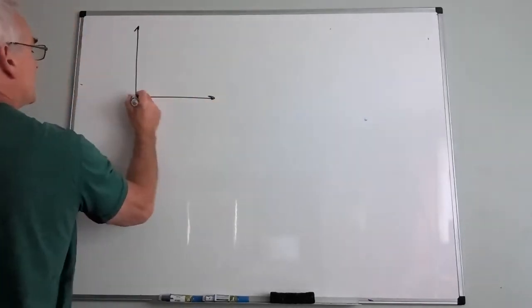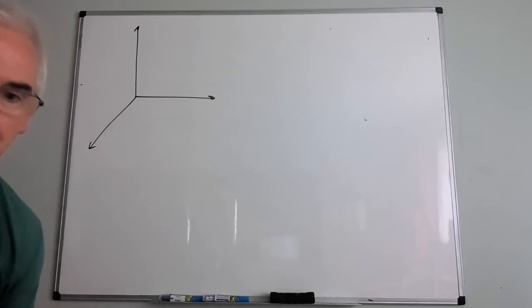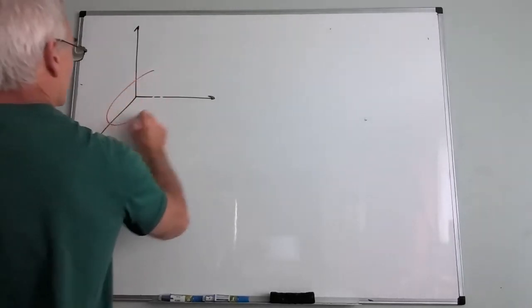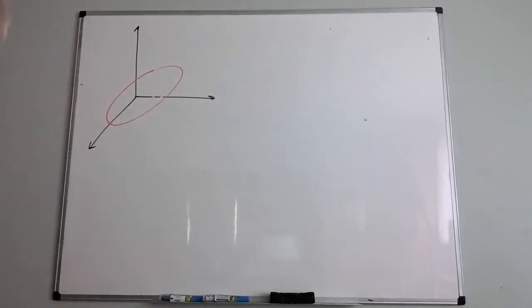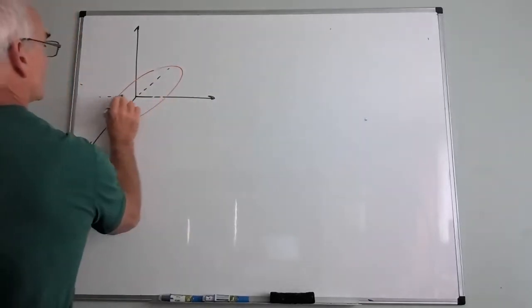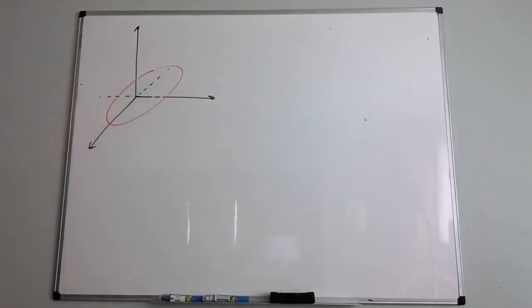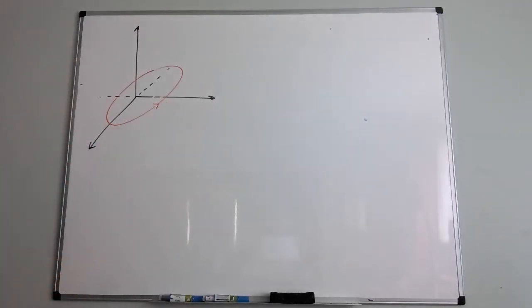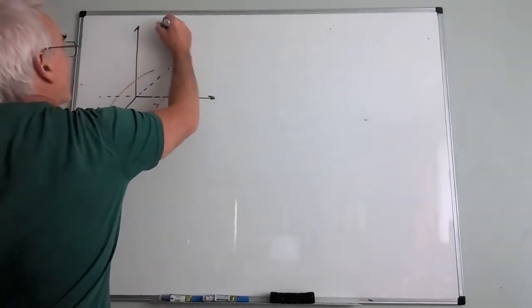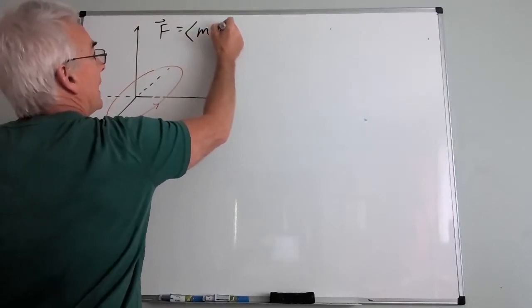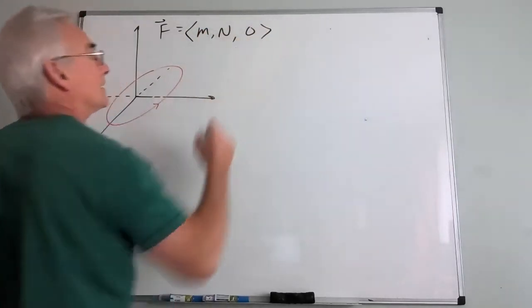I am in 3D, but my closed path is purely 2-dimensional. This path lives completely on the xy plane. Even though I'm in 3D, my path is strictly 2-dimensional, and my force is M of x, y, z, N of x, y, z, 0.